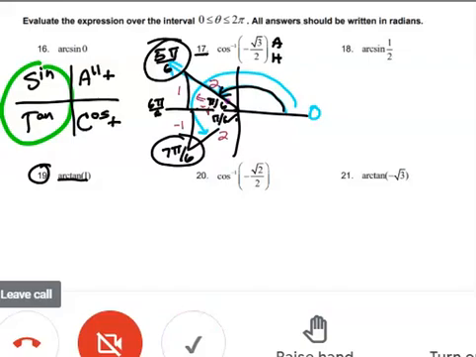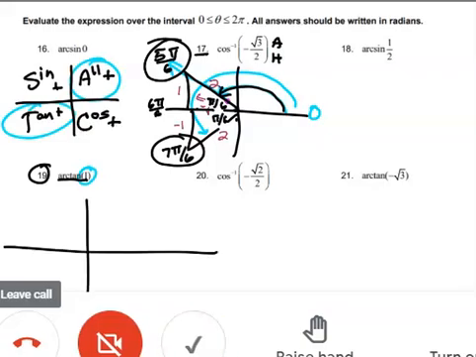So I still want to go back to All Students Take Calculus and think, okay, if this is where everything is positive, where would the tan be positive? Because this is a positive 1. Well, it's positive in the first quadrant and the third quadrant. So I will draw it here and here.